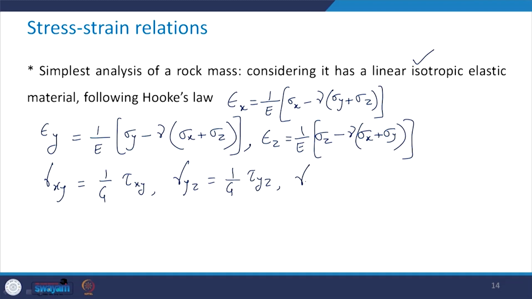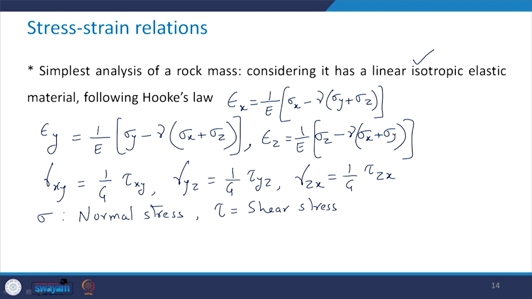Then gamma zx is equal to 1 upon G tau zx, where these sigmas give you the normal stresses, tau is the shear stress, epsilon is the normal strain, gamma is the shear strain.